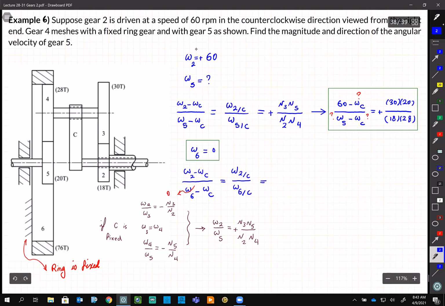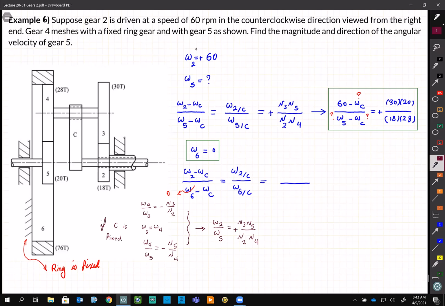And this side, simply, if we follow the rules that we had, it's going to be N3 and 5. No, sorry, let's solve it there. Just want to guess it, but we'd better be patient and solve it. So omega 2 is rotating omega 3, and it is minus N3 over N2.